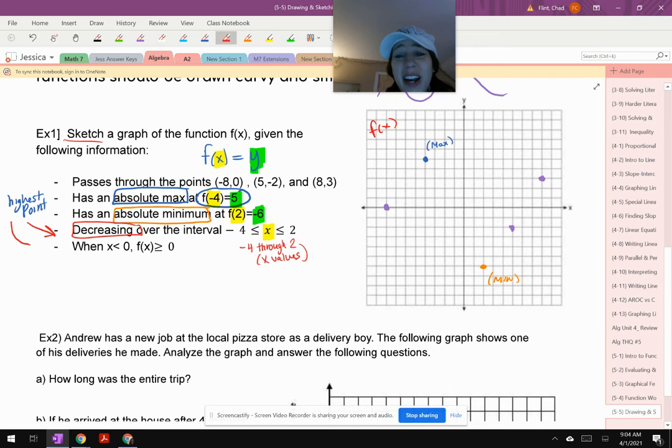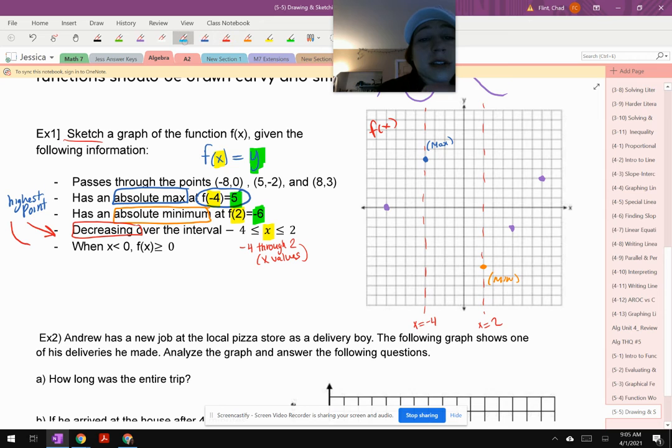So what I do for this is I just make that note on my graph so I know that it has to be going down. So -4, 1, 2, 3, 4. So -4 is right here. And I just use a dashed line. x equals -4, right? And then 2, 1, 2, make that little dashed line there. And I know that when I'm connecting those points, it's going to have to be going in a downward fashion.